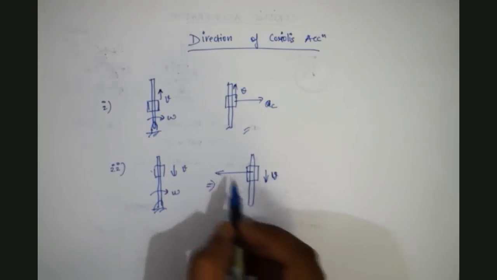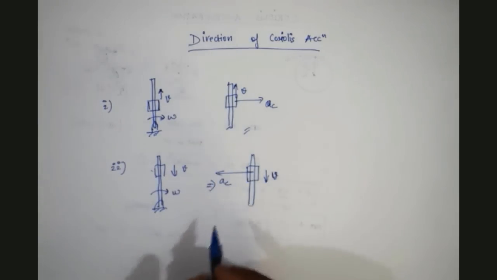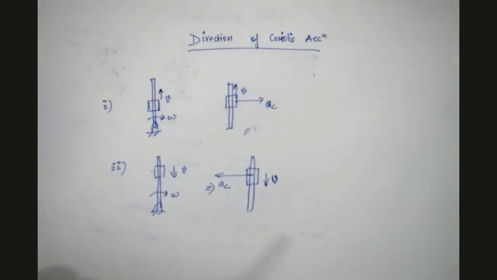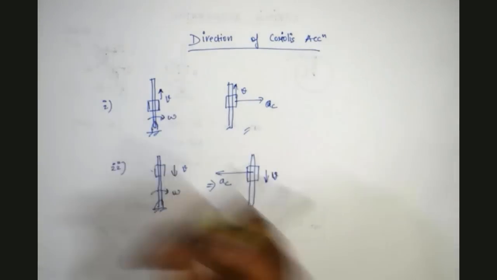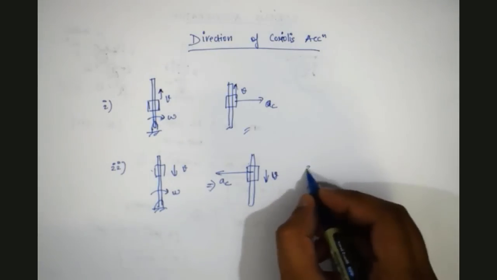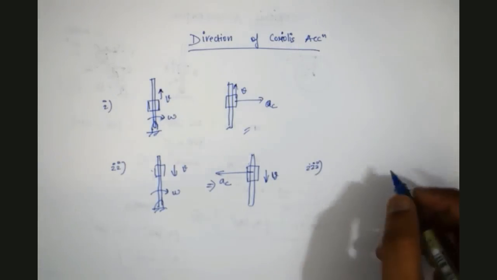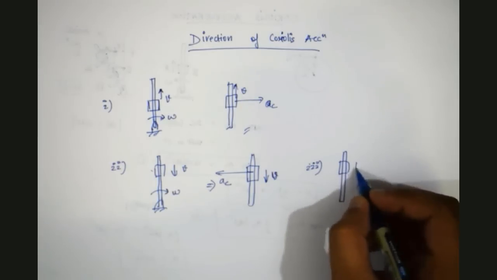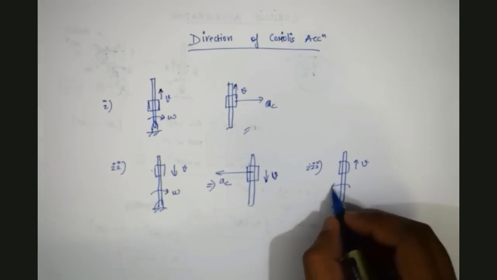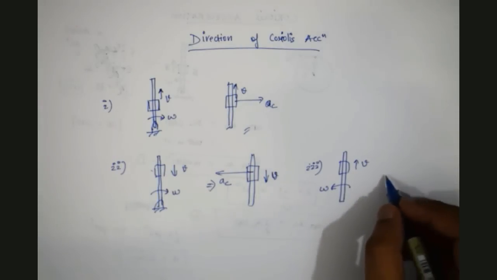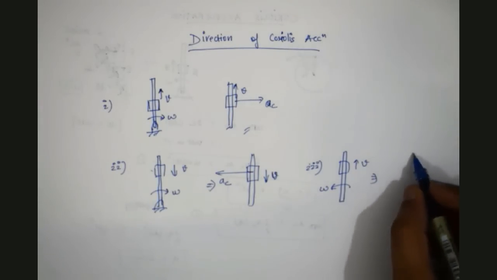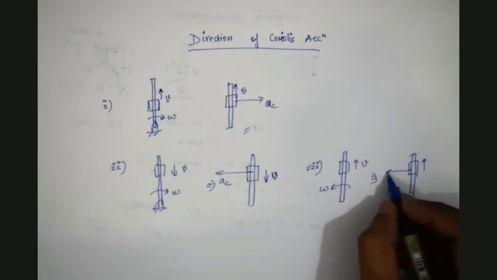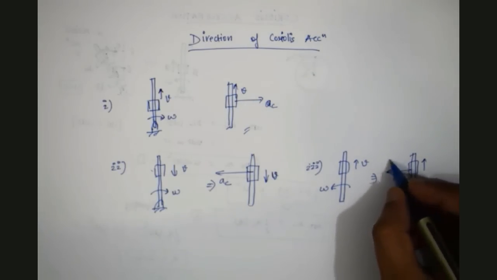So this will act in this direction, moving rightward, because it is moving rightward, so we are taking this rightward. Third case, rod is moving now anti-clockwise, so Coriolis acceleration is perpendicular to velocity v and in the direction of omega.